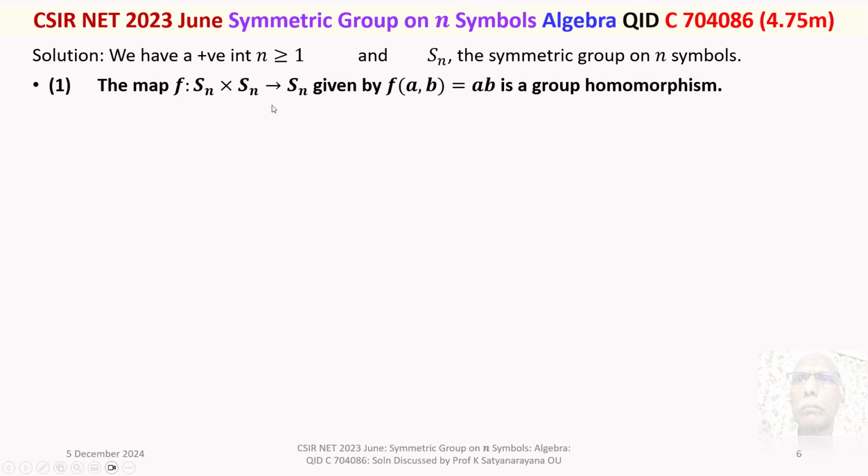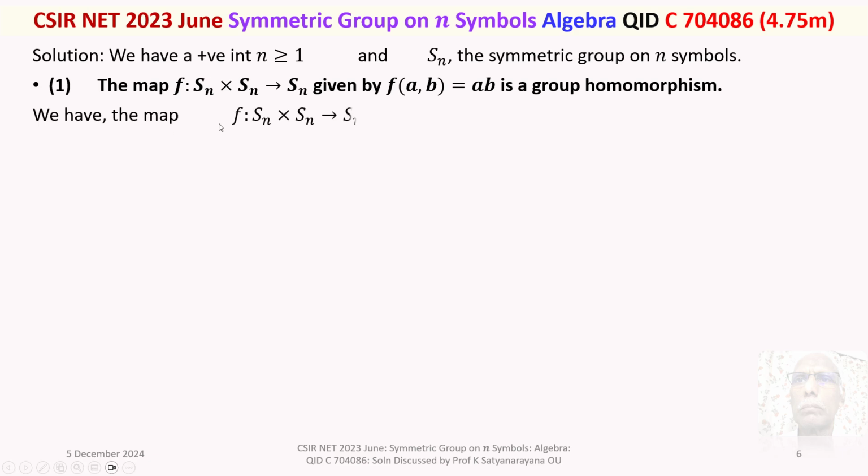And from this group to Sn, a map is defined as f of (a, b), (a, b) belongs to Sn cross Sn, is equal to ab, the product ab. The product means the composition of these two permutations a and b as in Sn. And we have to prove that it is a group homomorphism.